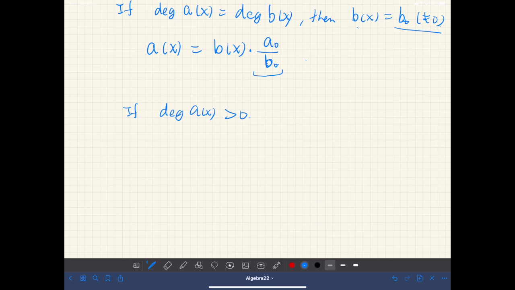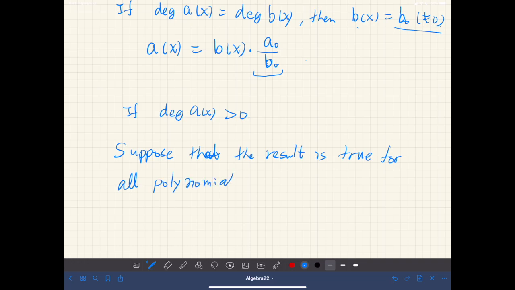So as an induction hypothesis, suppose that the result is true for all polynomials of degrees strictly less than the degree of a of x.